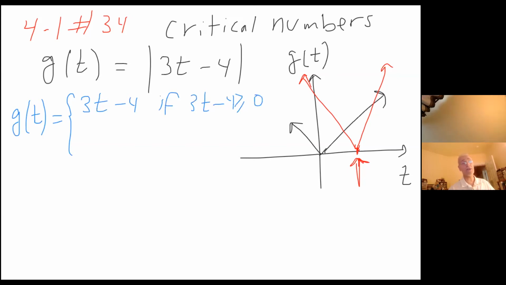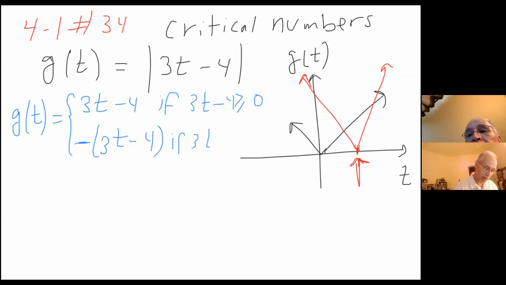And the value of g of t is the opposite of 3t minus 4 if 3t minus 4 is smaller than 0, by the definition of absolute value.